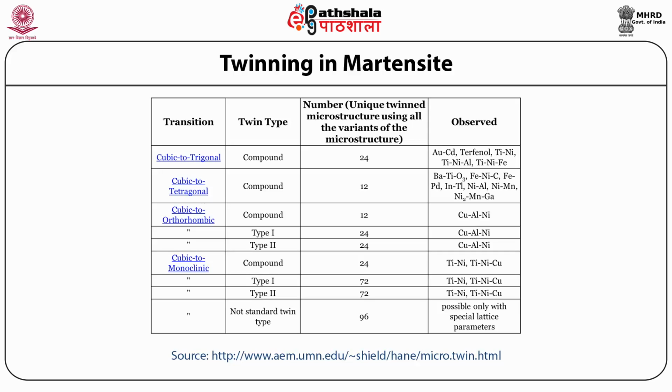As you can see, consider the example of a transition from cubic to tetragonal. The twin type is compound and the number is 24, and these are the observed elements or the materials which show this type of transition.